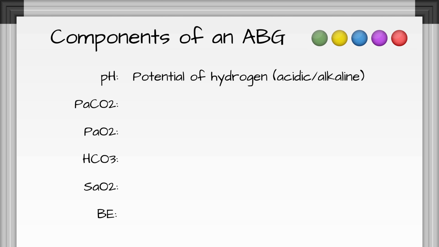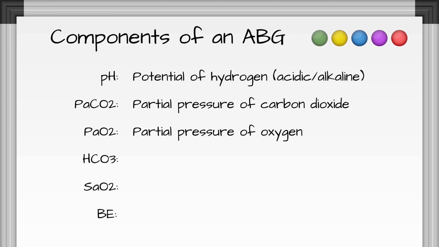The PaCO2 is the partial pressure of carbon dioxide. The PaO2 is the partial pressure of oxygen. In practice, we usually omit the little a for both of these and just refer to them as PCO2 and PO2. The HCO3 is also known as the bicarbonate, or bicarb for short.